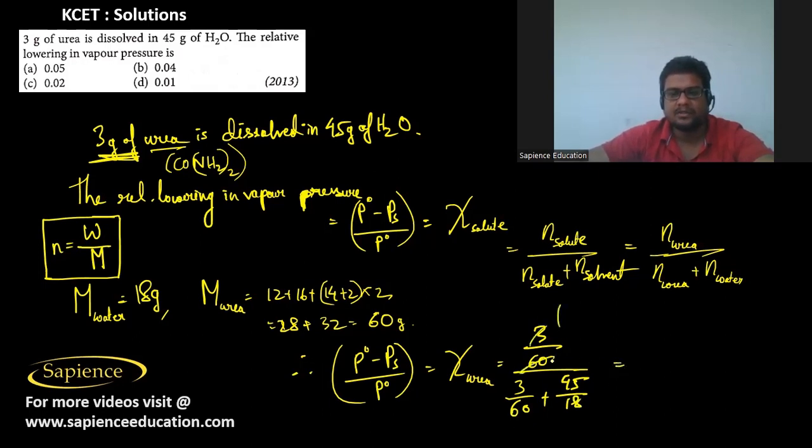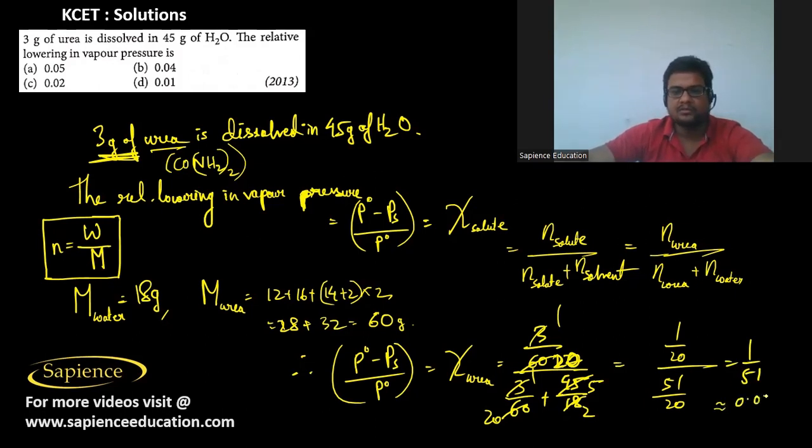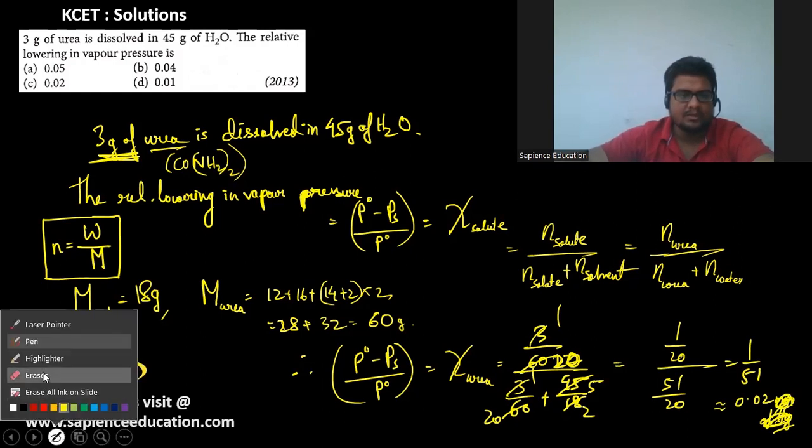We have to find. 3 20s are 60, and 5 9s are 45 for 18. So that is 1 by 20 plus 50 by 20, so this is 51 by 20. So this will be equal to 1 by 51, which is approximately 0.02. Sorry, that is 0.02, not millimeter.